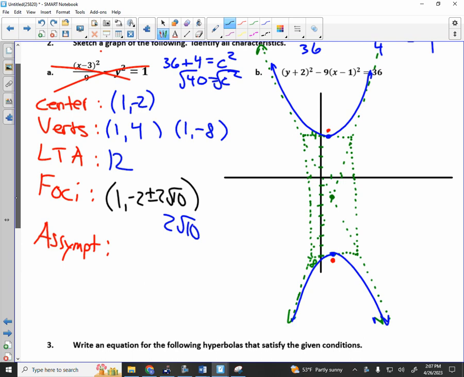And finally, for the asymptote, I need 2 things. I need my point. What is my point in this situation? It's not 0, 0. It is 1, negative 2. And then what is the slope? Rise of 6, run of 2, so slope is 3.